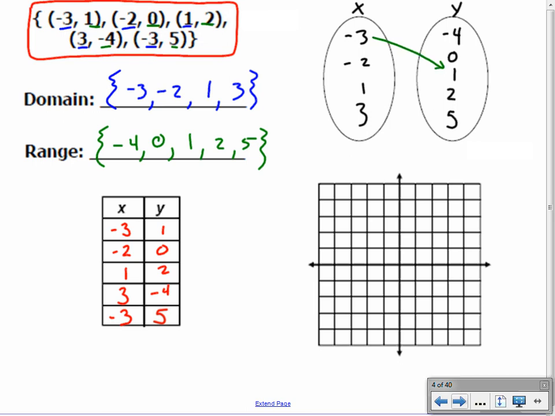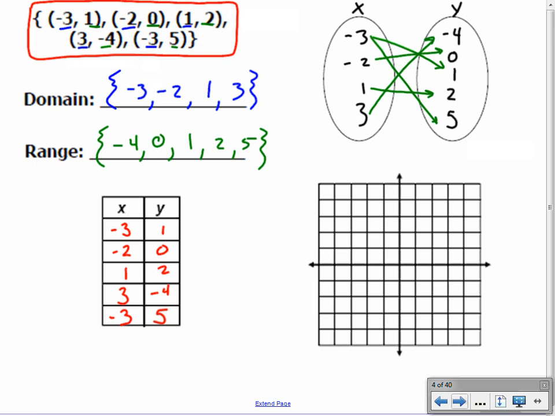The x value -2 was paired with 0. 1 was paired with 2. 3 was paired with -4. And -3 was paired with 5. So you'll notice that I have 2 arrows leaving -3 out of the x bubble because -3 was paired with 2 different y values. So we have 2 arrows. So that's called a mapping diagram.